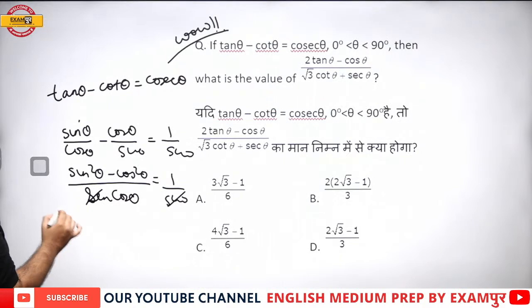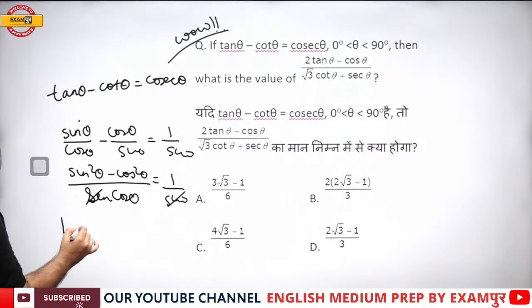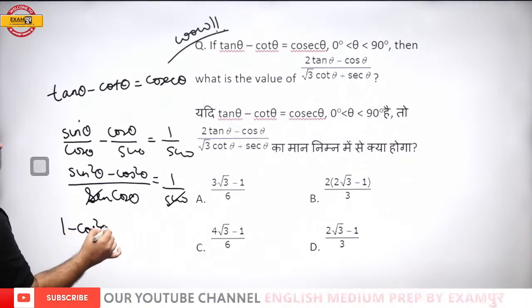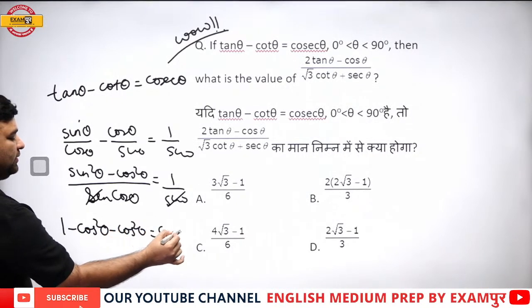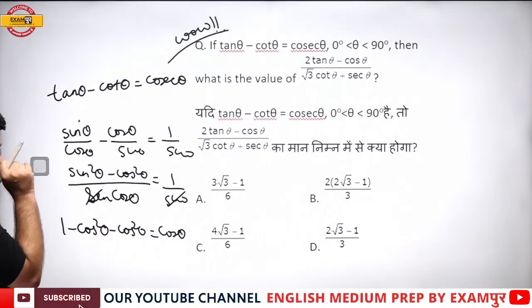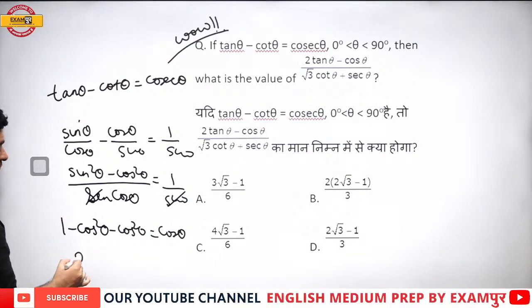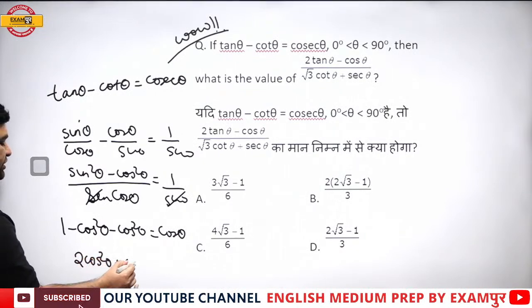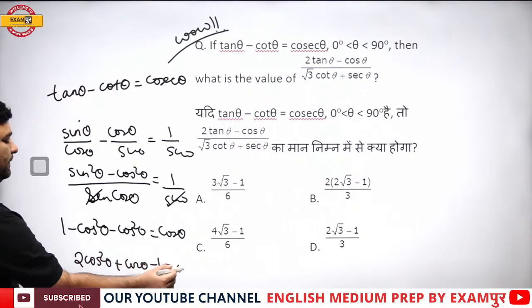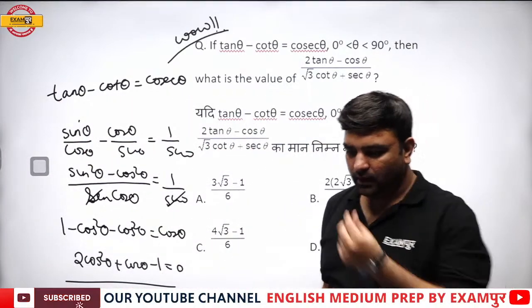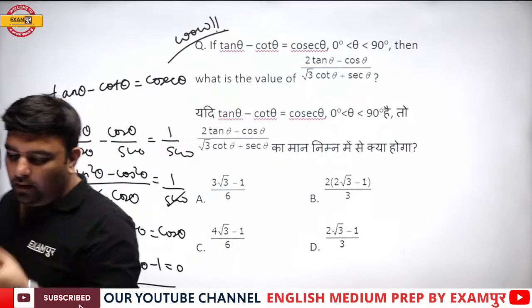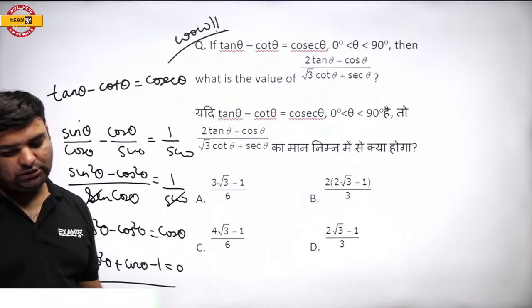So what you are seeing is that it is becoming a quadratic, like 2 cos square theta plus cos theta minus 1 is equal to 0. So obviously we would not be going this way.